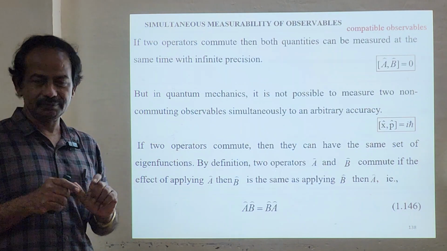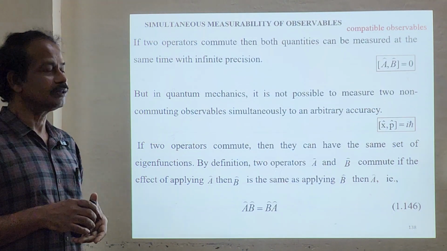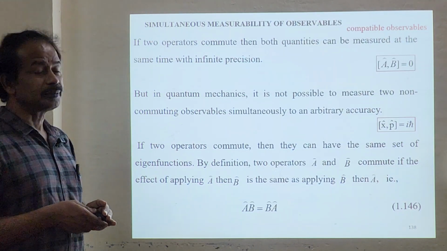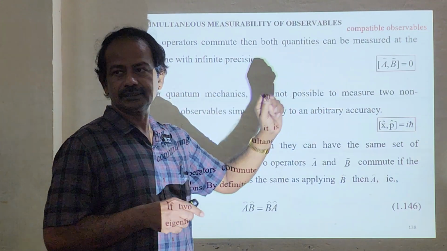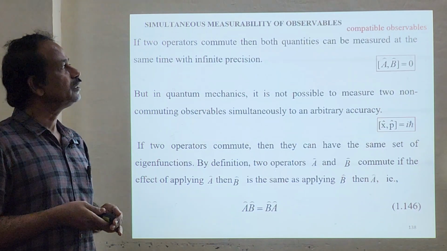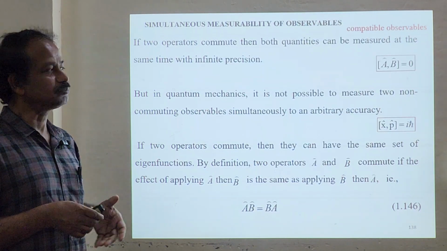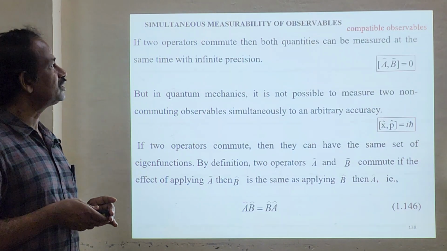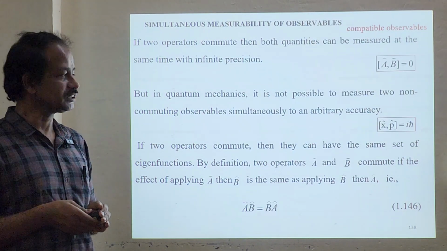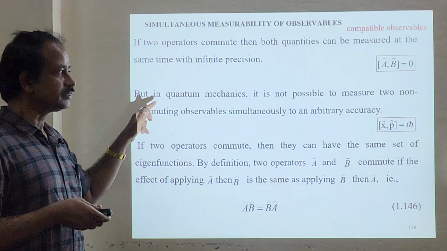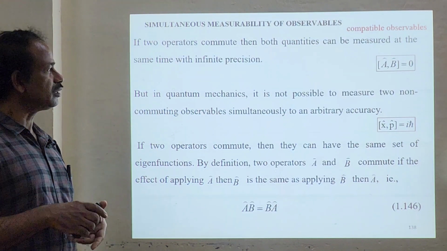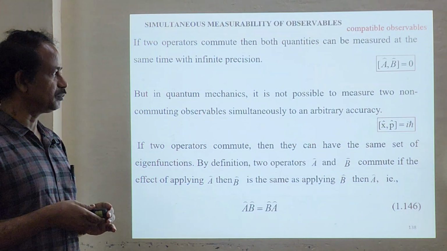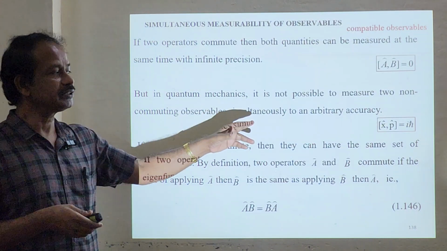These two things are very, very important in the measurement of quantum systems in quantum mechanics. If two operators commute, then both the observables, both the dynamical variables, can be measured at the same time with infinite precision. But in quantum mechanics, it is not possible to measure two non-commuting observables, which are called incompatible observables, simultaneously to arbitrary accuracy.